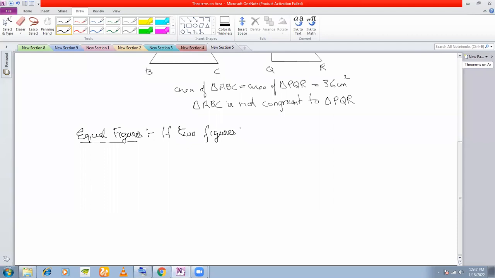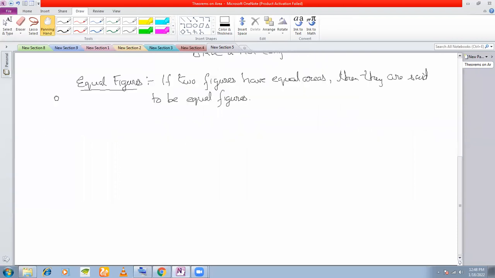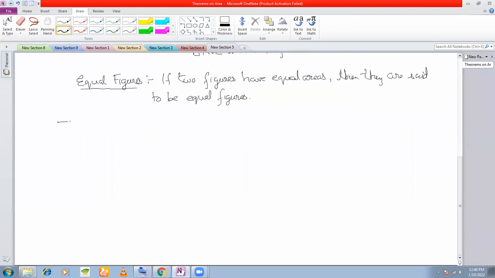If two figures have equal areas, then they are said to be equal figures. Fine. Now with these two concepts, we start with the first theorem on area.